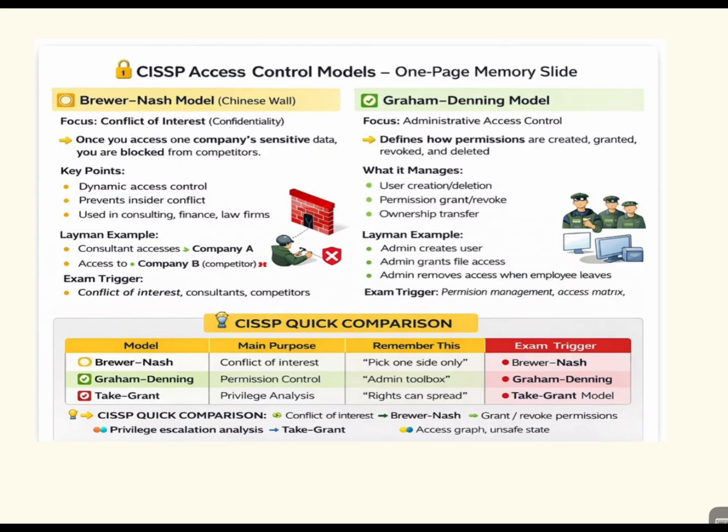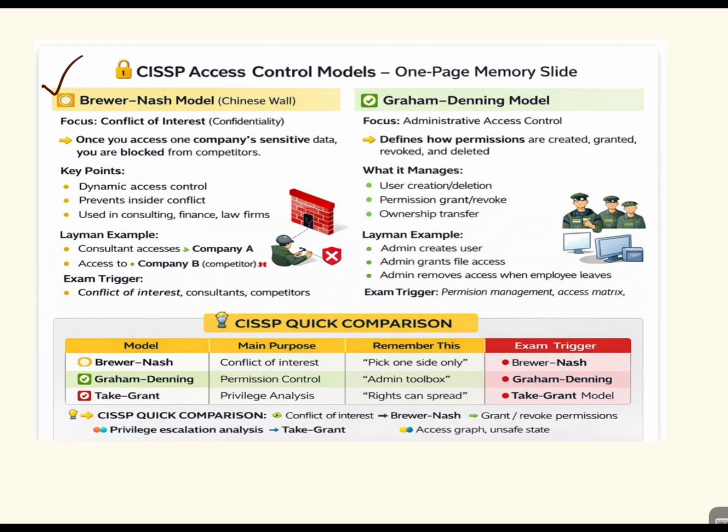So first of all, the first model in this session is the Brewer-Nash model, which is also called the Chinese wall model. This particular model focuses on conflict of interest; who you accessed before matters. So what problem does it solve? How do we stop an insider from accessing competing sensitive information?